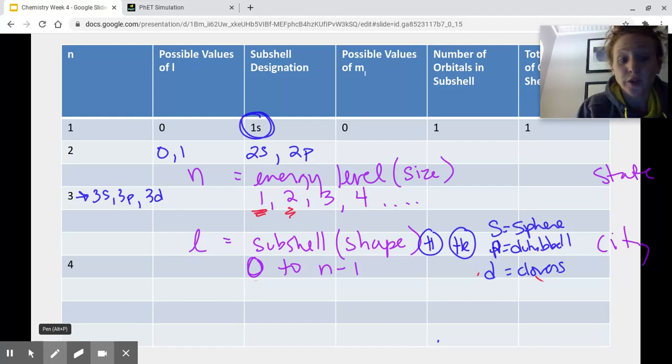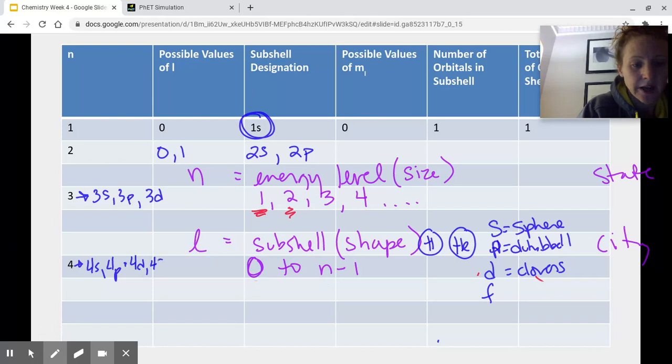And then there's a fourth shape, there's an F, and we see that on the fourth energy level. So 4S, 4P, 4D, 4F.